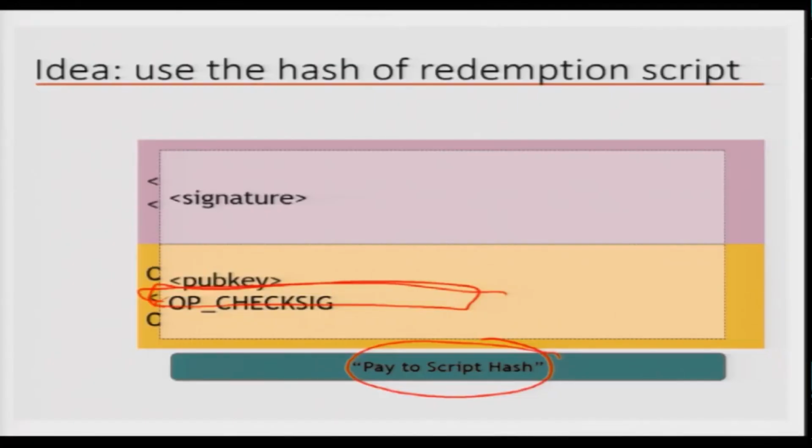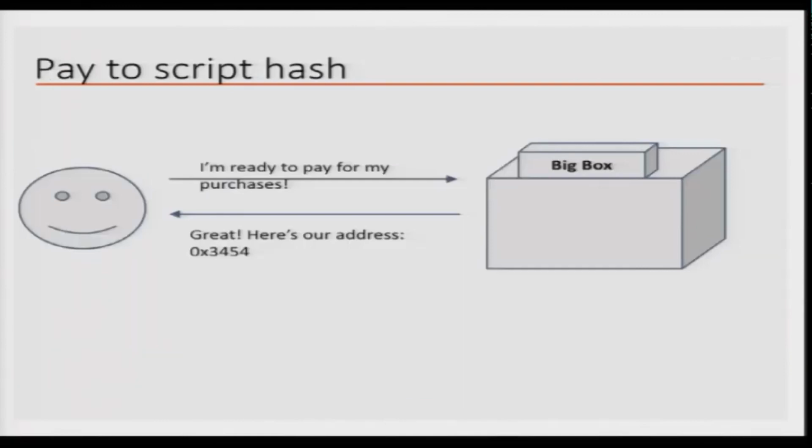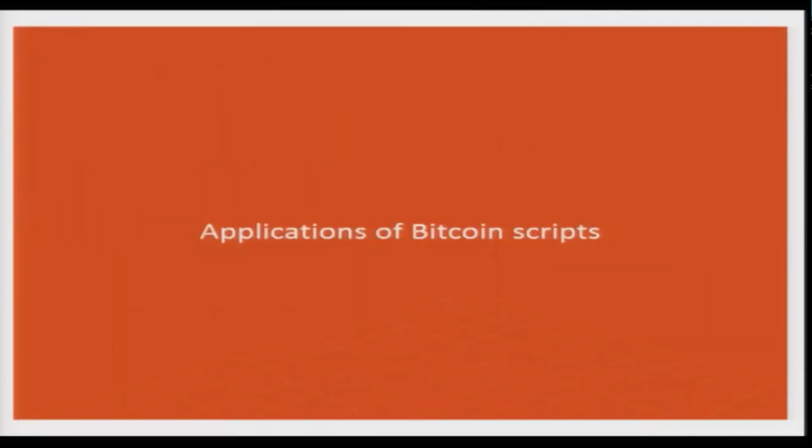So, that is all that there is to this pay to script hash. So, that is how it works. When you are ready to pay the purchase, these guys give you basically a hash value as an address, you use that, and that is what the pay to script hash means.